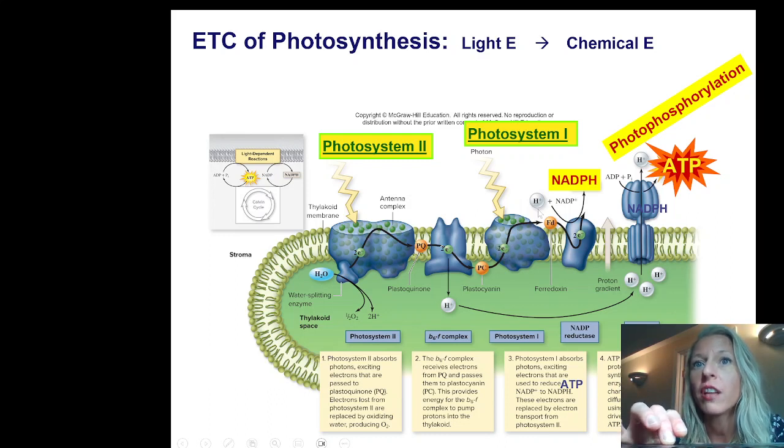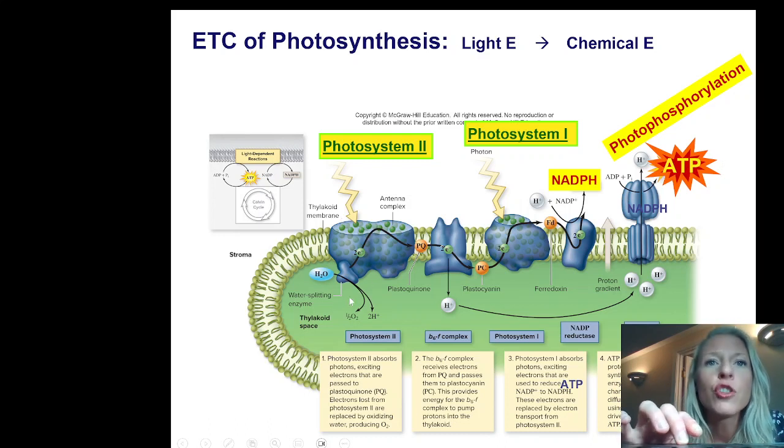Electron, pop off a hydrogen, electron, pop off a hydrogen. Then we end up with our hydrogen ion gradient, and those hydrogen ions diffuse through, and we have what's called photophosphorylation occurring with the creation of ATP. Don't forget that.